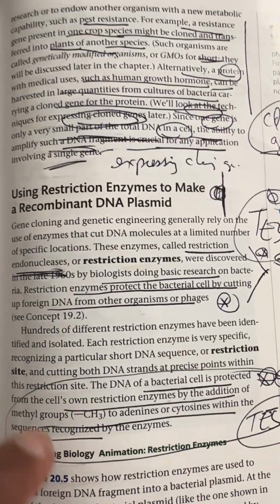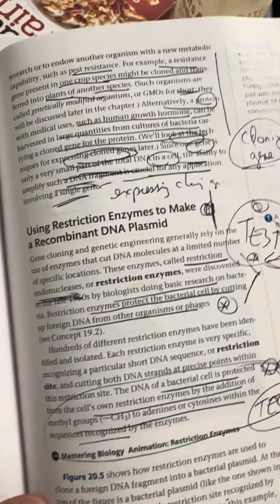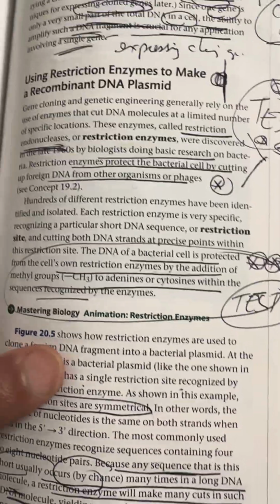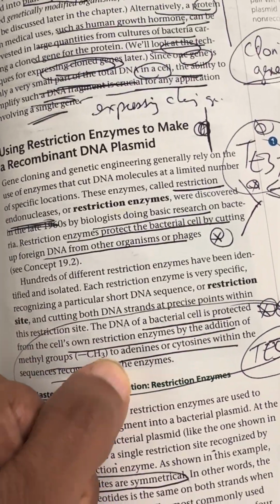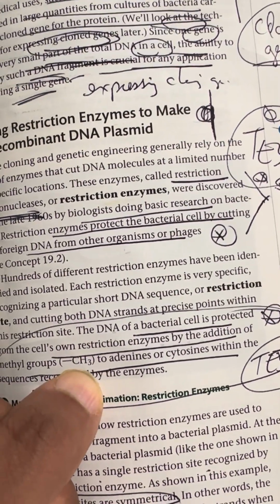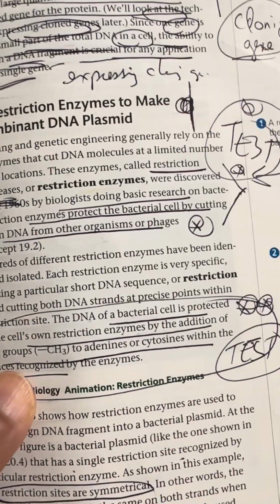So how does the restriction enzyme know it's foreign DNA and not its own DNA? How is the restriction enzyme so smart? It's not that smart. It just cuts up anything. What is smart is that the bacterium protects itself from being cut up. It adds methyl groups to the adenine and cytosine in its own sequence.